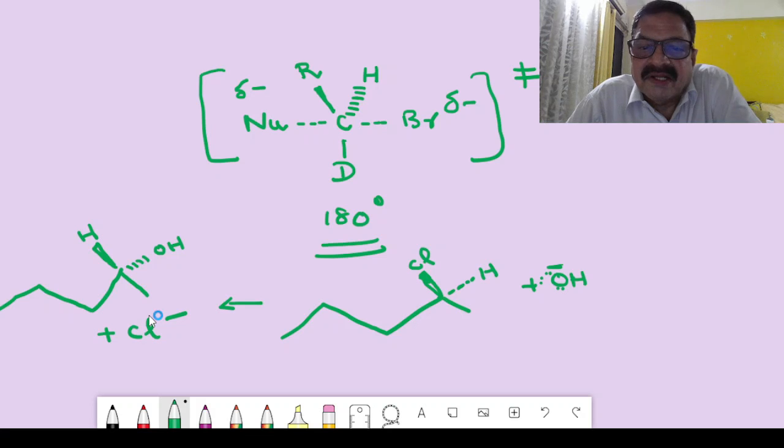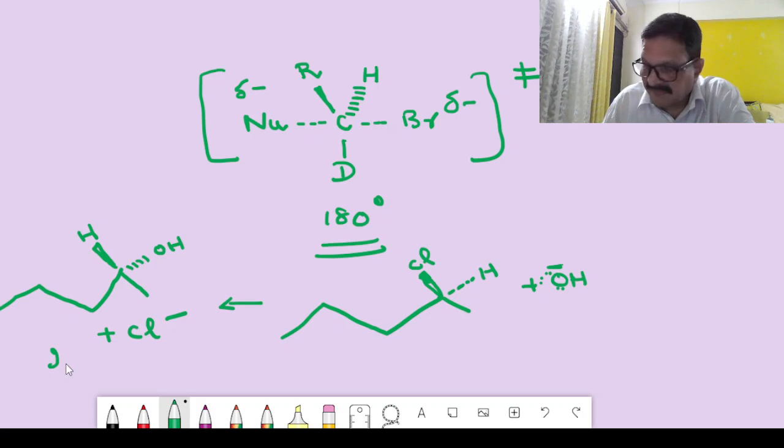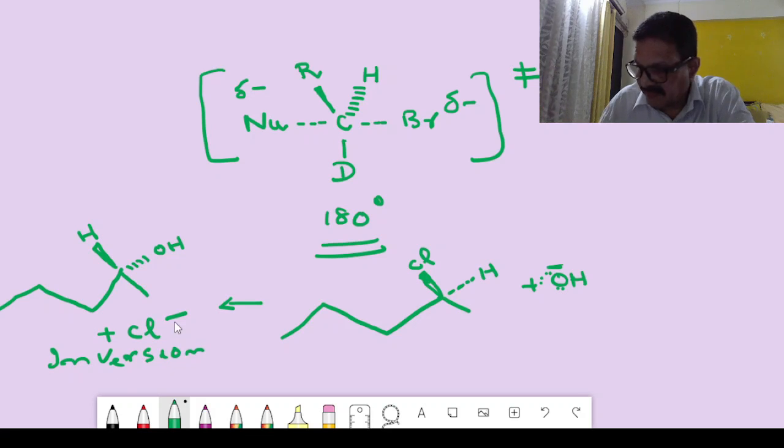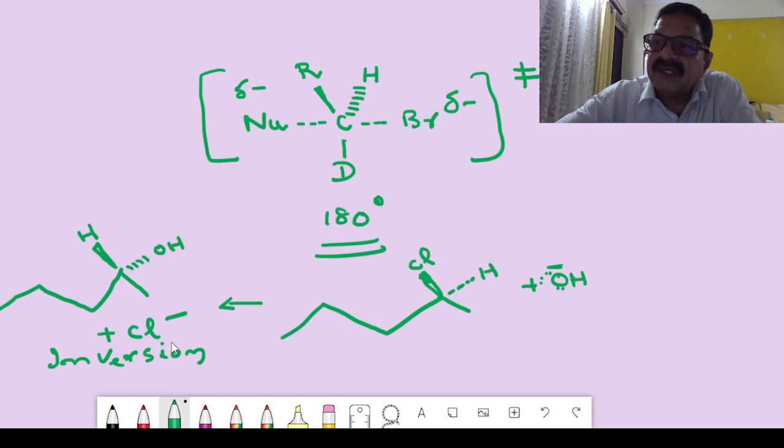Therefore, there will be an inversion of configuration here. Inversion of configuration is occurring here. So that is the justification for the backside attack here.